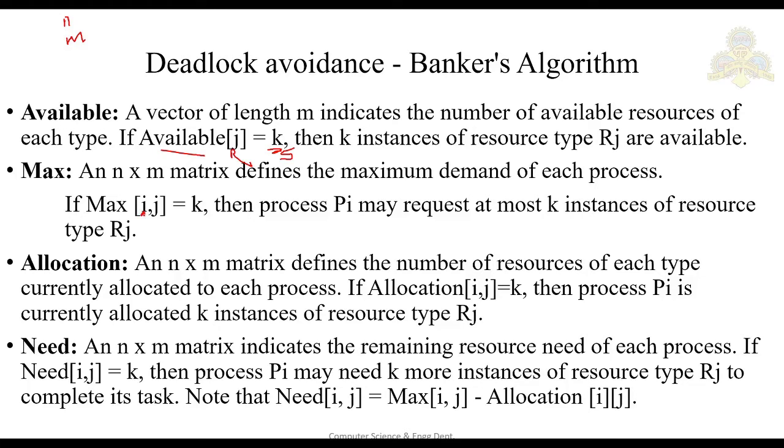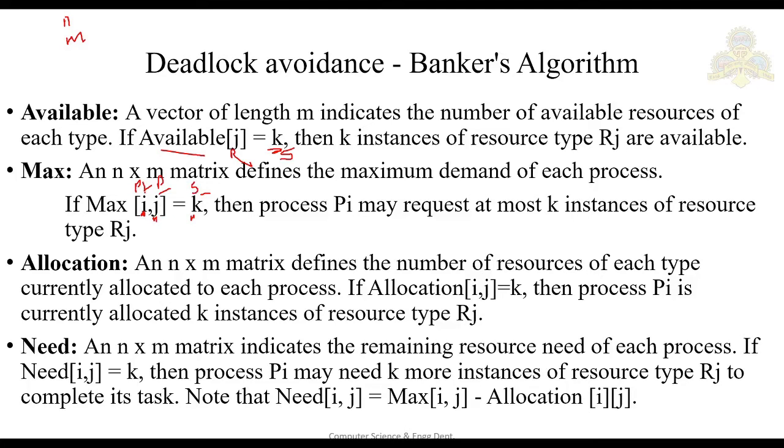This represents the process, this represents the resource type, and this is the instance count. If max[i][j] is equal to k, that means your process pi may request k instances of the resource type rj. i represents any process, j represents any resource type, and k represents any number of instances. For example, there is a process p1, your resource is your printer, and you have 5 instances.